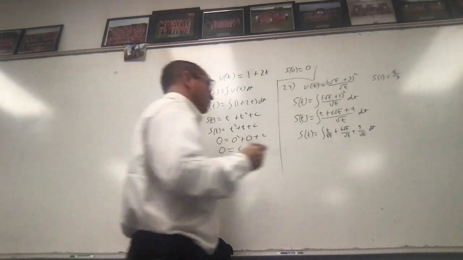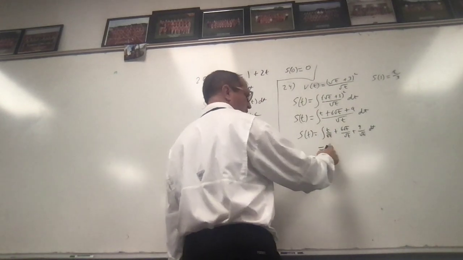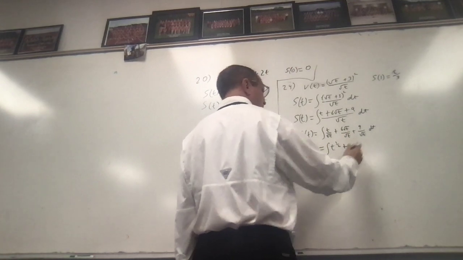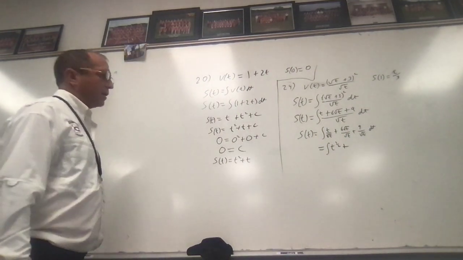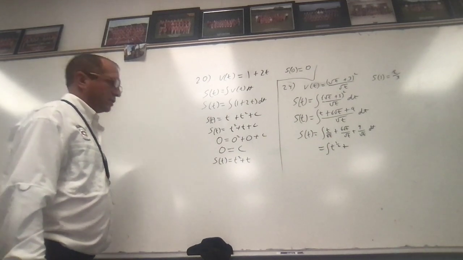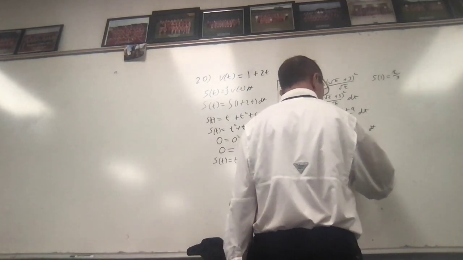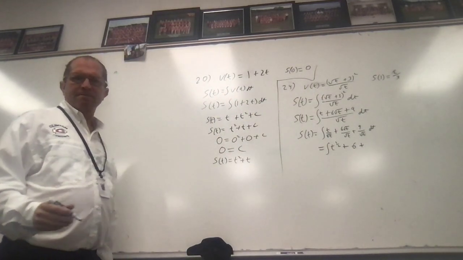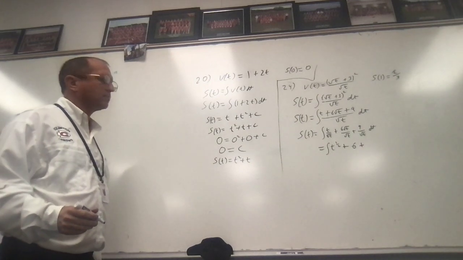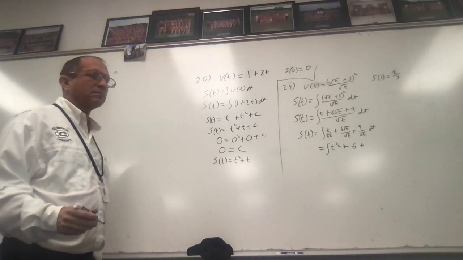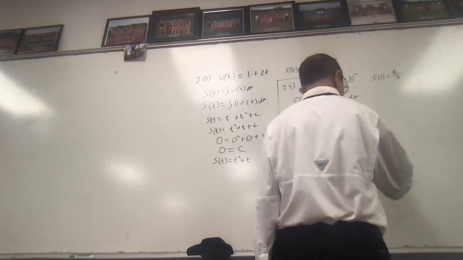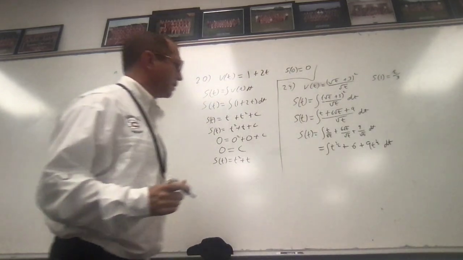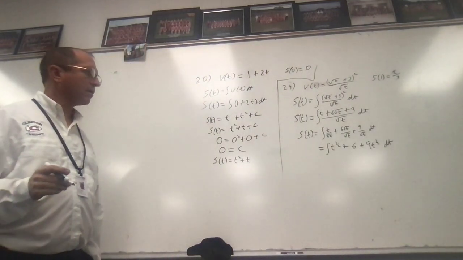And now just reduce it. t over the square root of t would just be t to the 1/2. 6 square roots of t over square root of t would be just 6. And 9 over the square root of t would be 9t to the negative 1/2 power. All right, are we still good here?